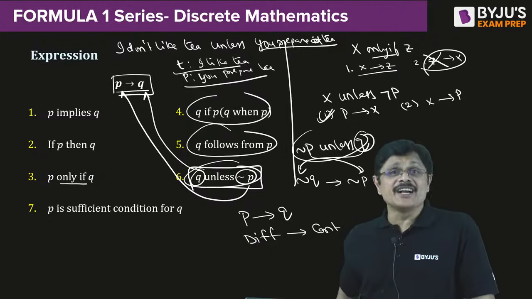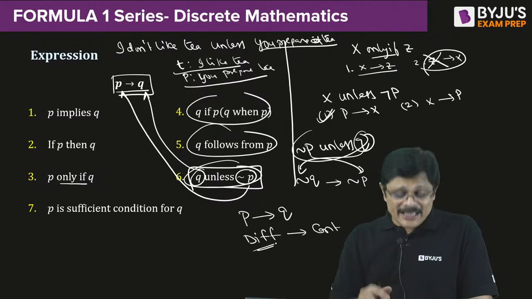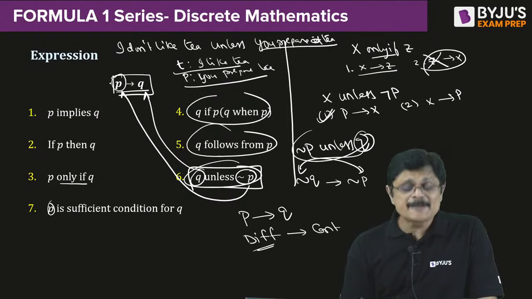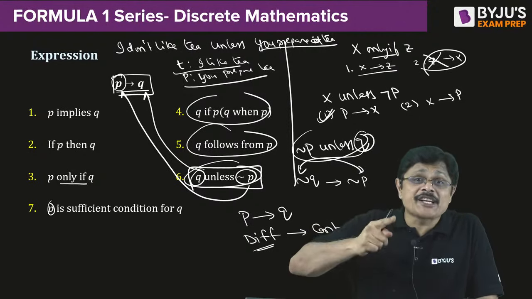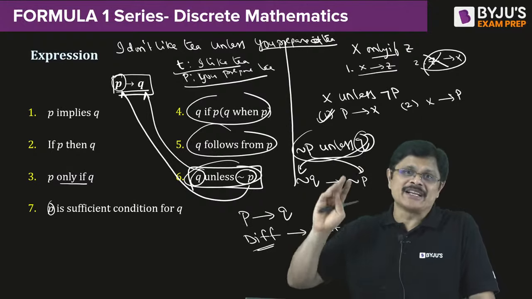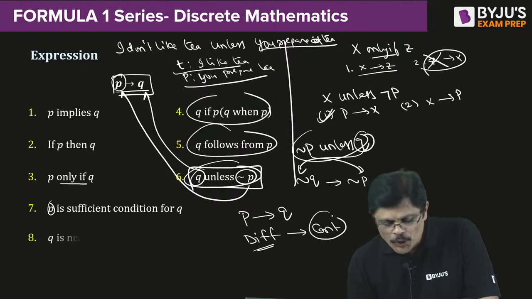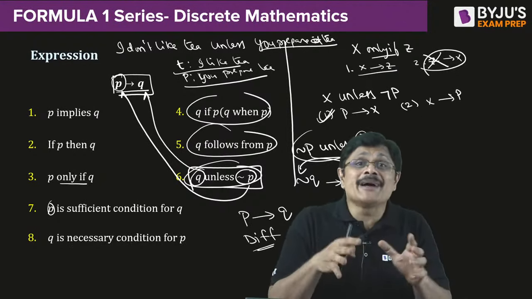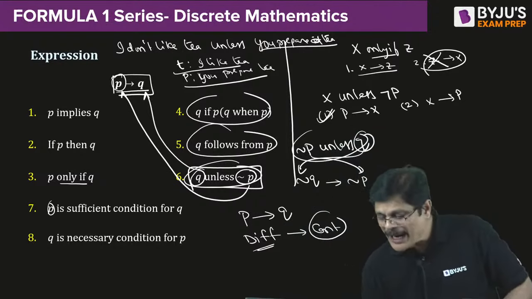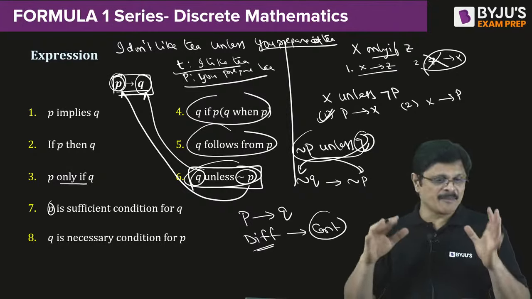Here differentiability, that is the P part, is called a sufficient condition. Whenever the function is differentiable, 100% it has to be continuous. Differentiability becomes the sufficient condition, whereas the Q part becomes necessary. For differentiability, what is the minimal requirement? Continuity. So the Q part is necessary and the P part becomes sufficient, my dear friends.